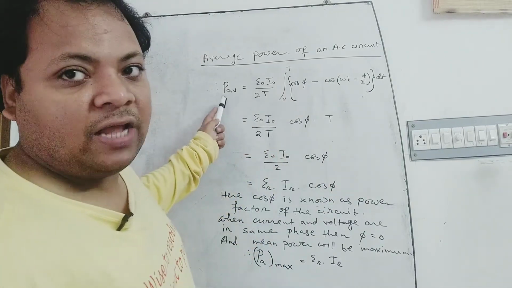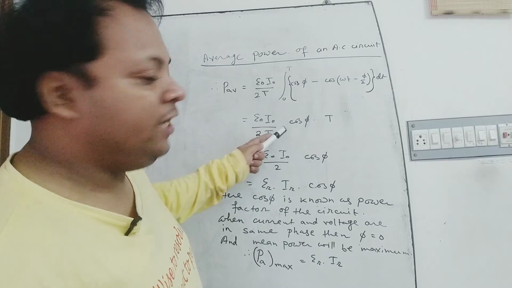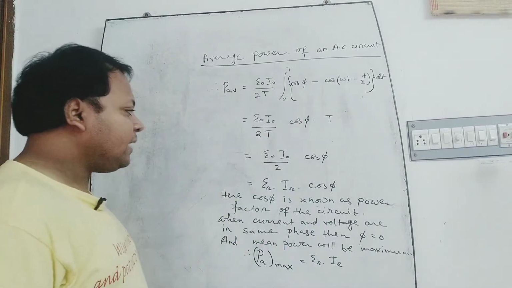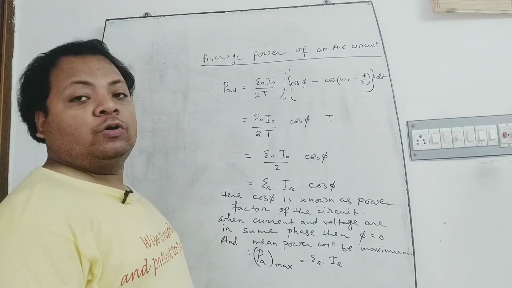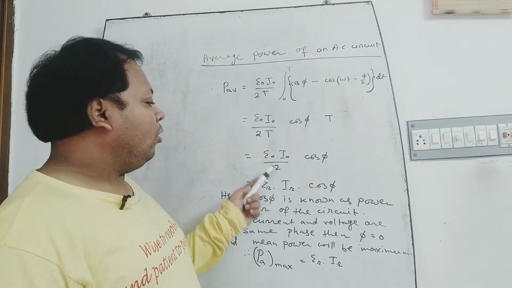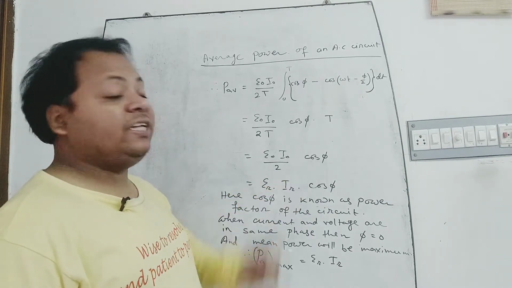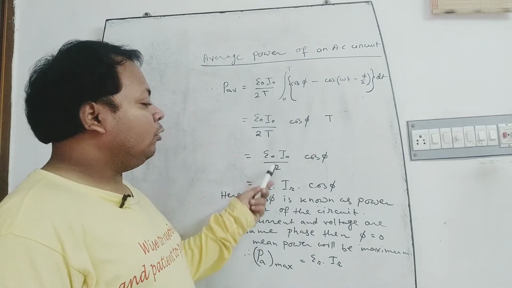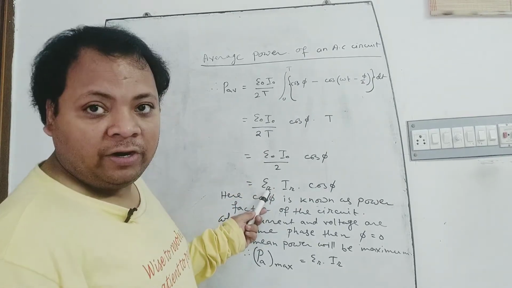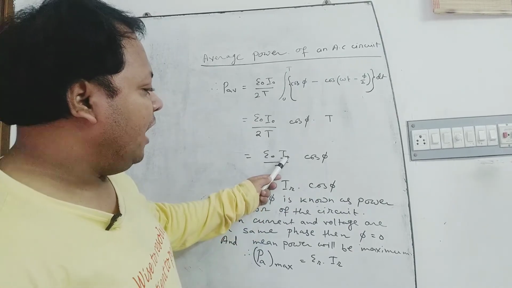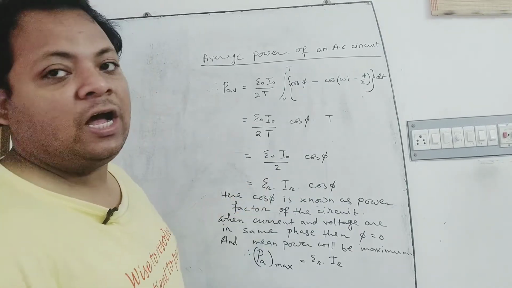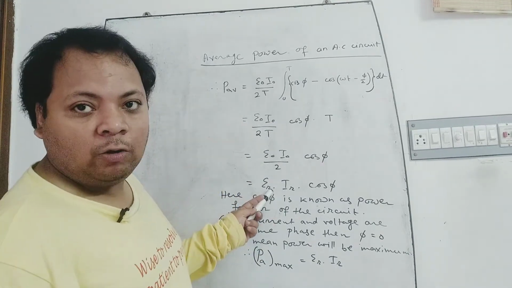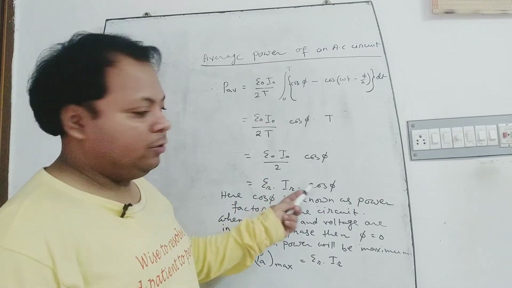That's why we can write that P average is equal to epsilon 0 I0 by 2 cos phi. And you know that cos phi is the power factor of the circuit, and epsilon 0 by root 2 is equal to epsilon r, the RMS value of EMF, and I0 by root 2 is equal to I r, the RMS value of current. Therefore, P average is equal to the RMS value of EMF into the RMS value of current into cos phi.